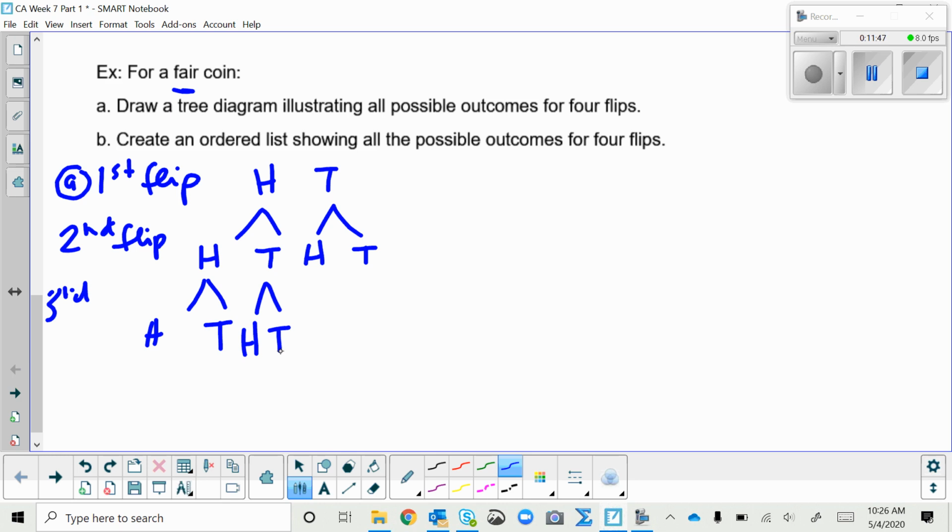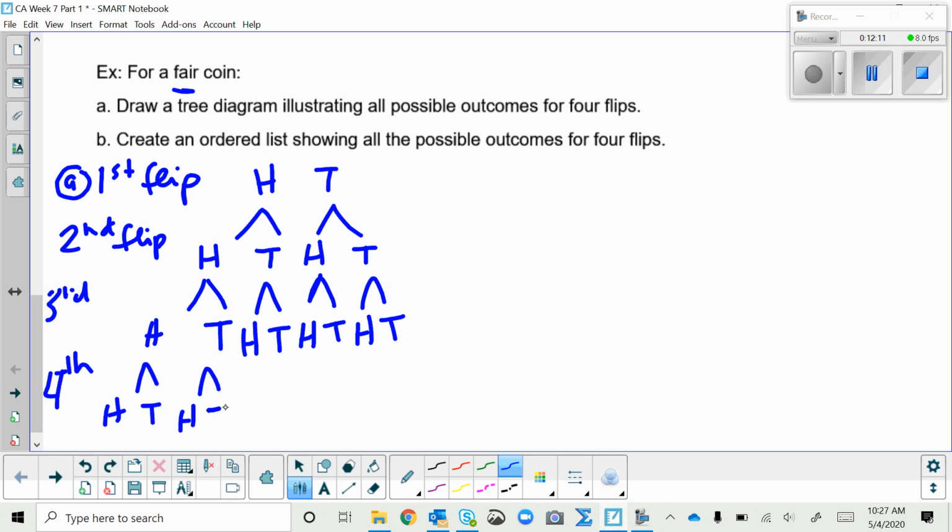And then that was all the possible outcomes I could have so far if I had heads on the first flip. Let's say I had tails on the first flip, so now I'm here. And then the fourth flip. It's getting ugly.